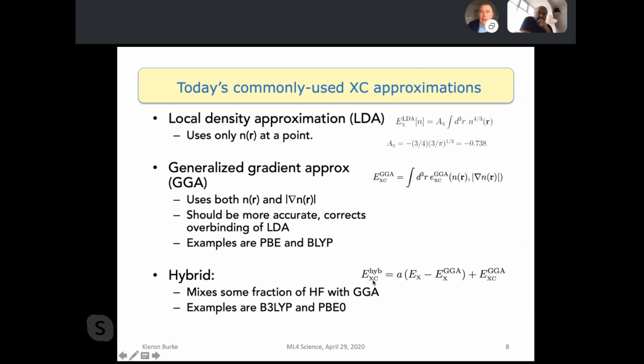And then hybrids, invented by Axel Becke, which mix in some exact exchange, usually in the Hartree-Fock form, with a GGA. An example of that is B3LYP, which is the most popular functional in chemistry today for molecular systems. There are of course many additions to these, and people do range separation, and they add van der Waals and things like that. But behind most calculations, you'll find one of these approximations.